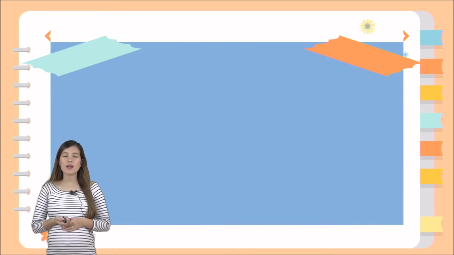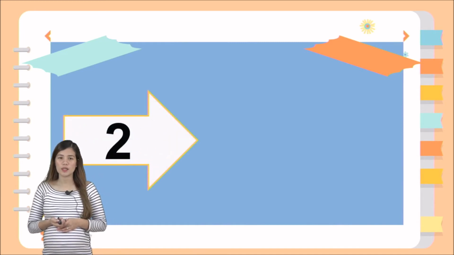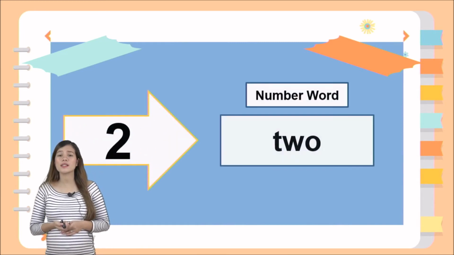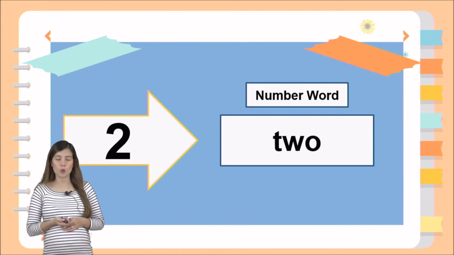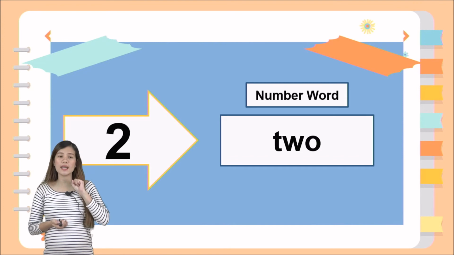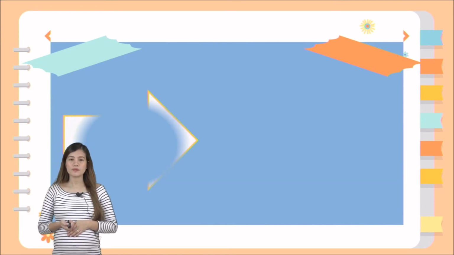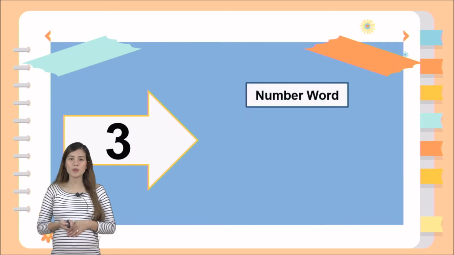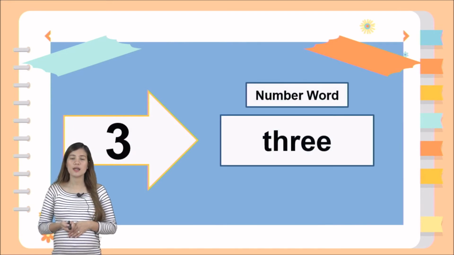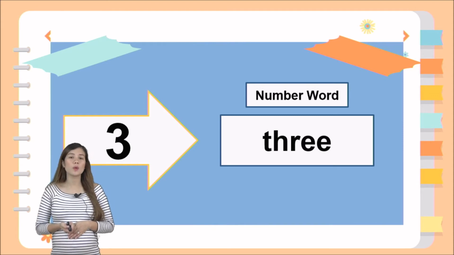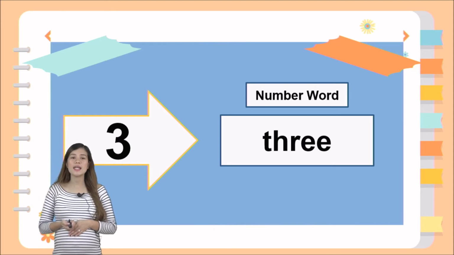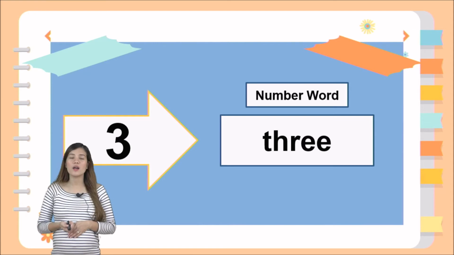The next one after number 1, we have number 2, and the number word is T-W-O. Again, T-W-O. It's also 3 letters. Next, number 3, and the number word is T-H-R-E-E.